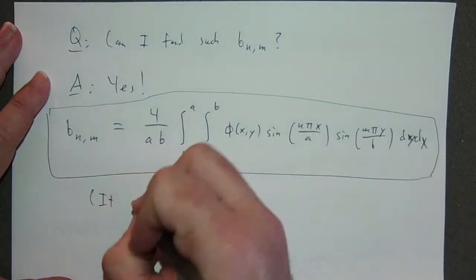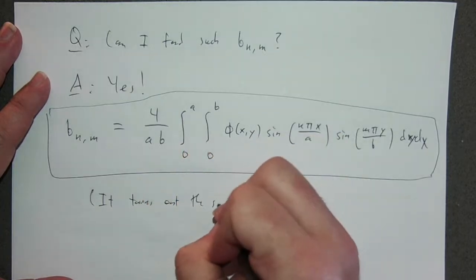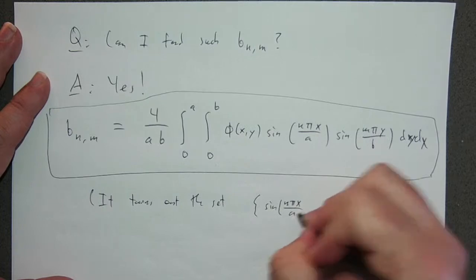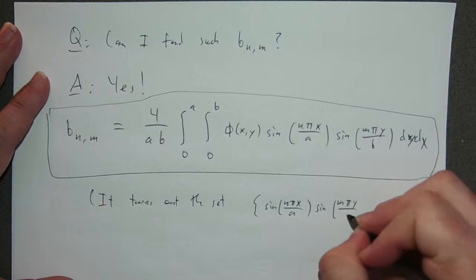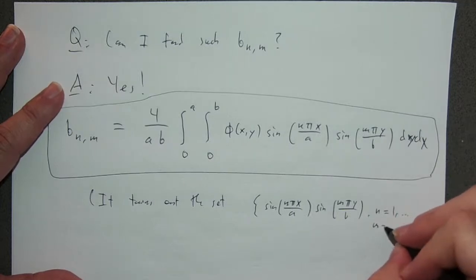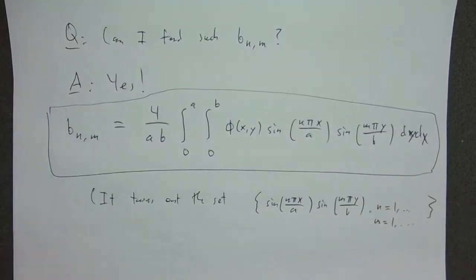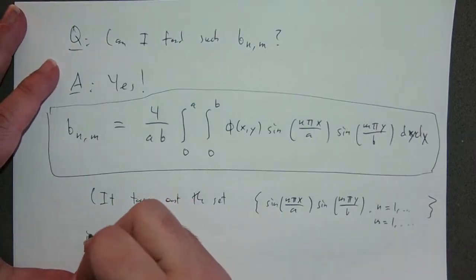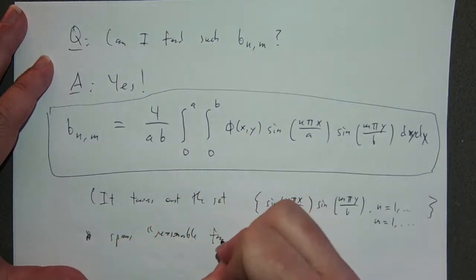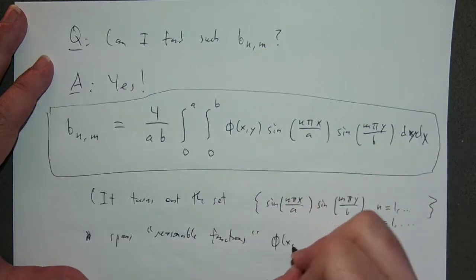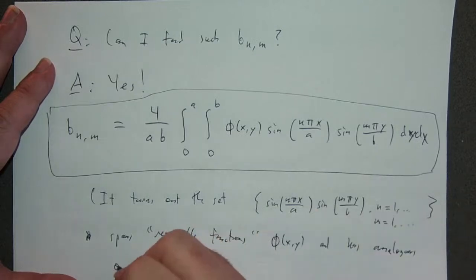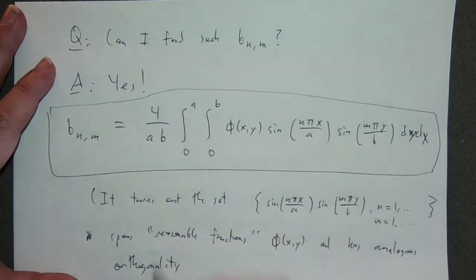So it turns out the set of functions sine n pi x over a sine of m pi y over b for n 1 to infinity and m 1 to infinity, that set spans reasonable functions phi of xy and has analogous orthogonality relations that lead to exactly this thing. You can see how similar it is to the 1D case.